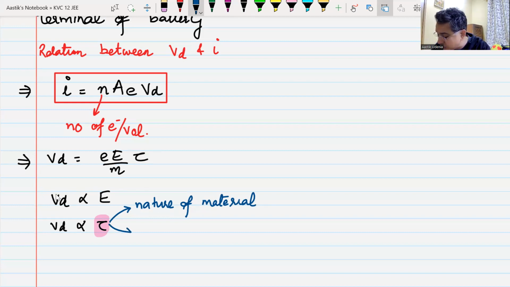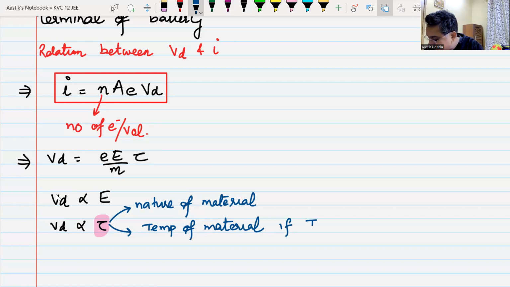This tau also depends on the temperature of the material. Do we understand this? If temperature rises, then what will happen?